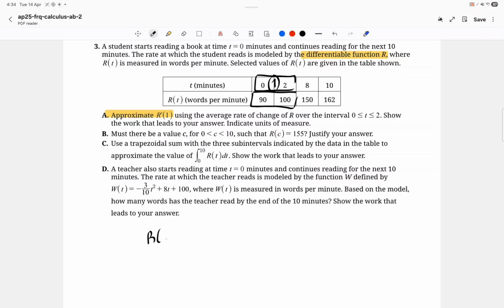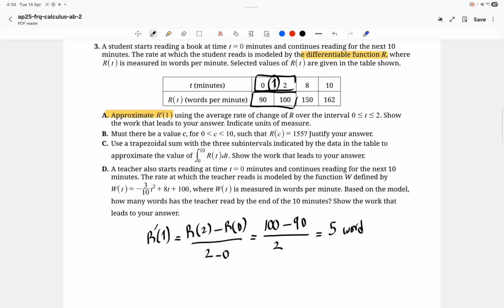You're going to say R prime of 1 is equal to R(2) minus R(0) over 2 minus 0, which is 100 minus 90 over 2, that's 10 over 2, so 5. But don't forget the unit: words per minute per minute.